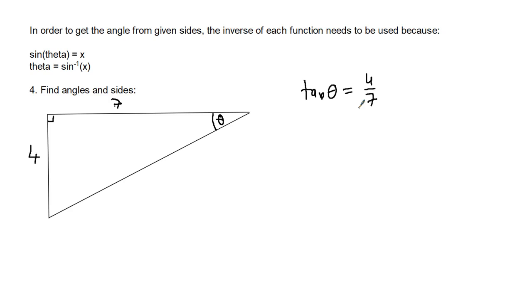Every single time we solve an equation, we're actually multiplying by the inverse of everything. So in order to find theta, we have to take the inverse tangent of 4 over 7. If you have a calculator, you can do it right now. It is inverse tan of 4 over 7.